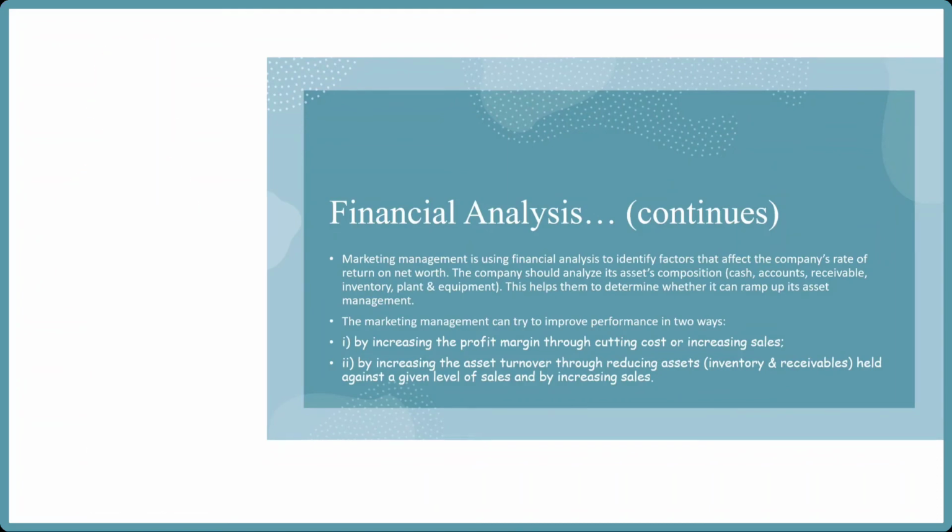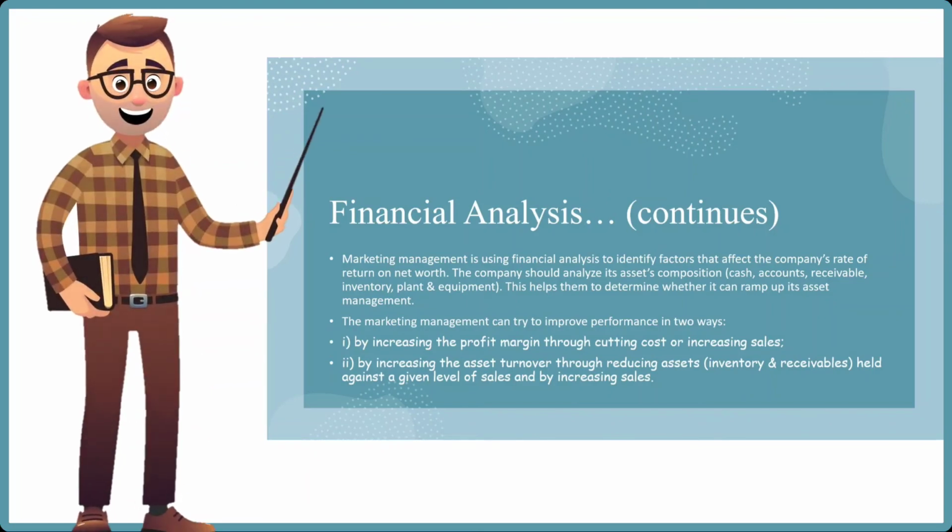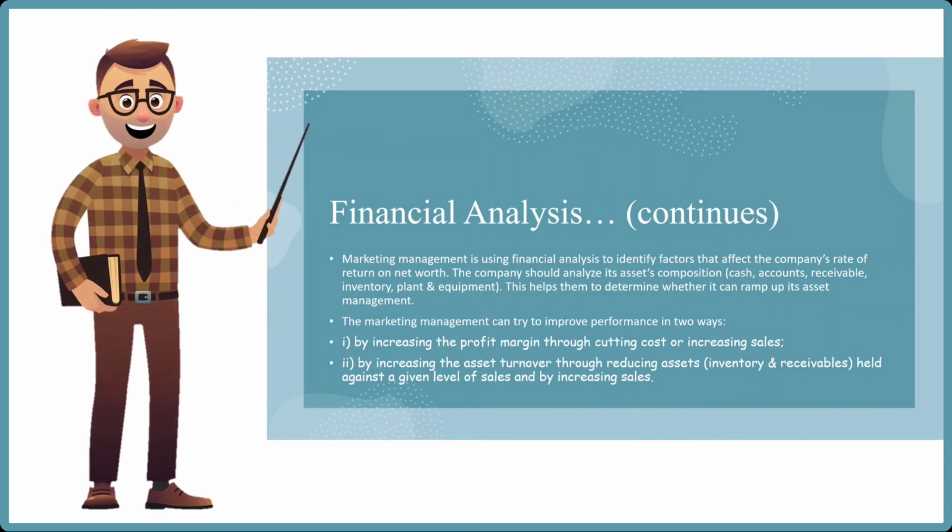Marketing management is using financial analysis to identify factors that affect the company's rate of return on net worth. The company should analyze its asset composition, like cash, accounts receivable, inventory, plant and equipment. This helps them to determine whether it can ramp up its asset management.